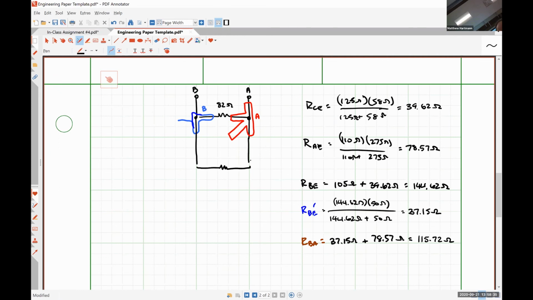And so between nodes B and A, I place 115.72. So what's the relationship between the 82 and the 115.72? They're in parallel.